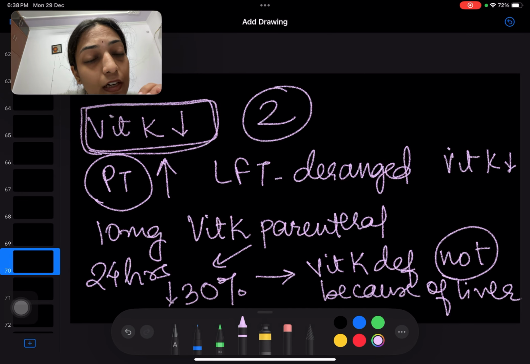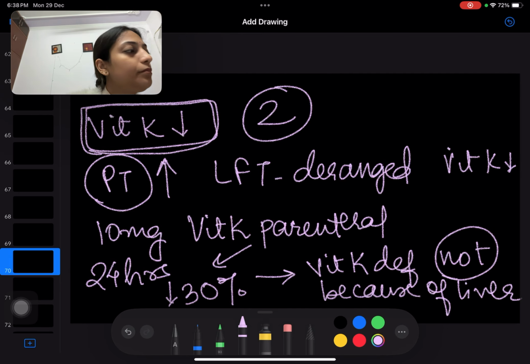By 30%, right? It is mentioned in Tintinalli's, and if it doesn't come down, then obviously it is because of liver, right? So this was about lab evaluation.